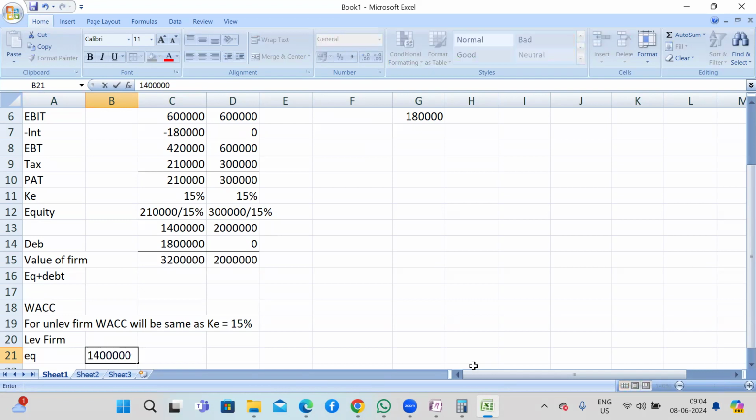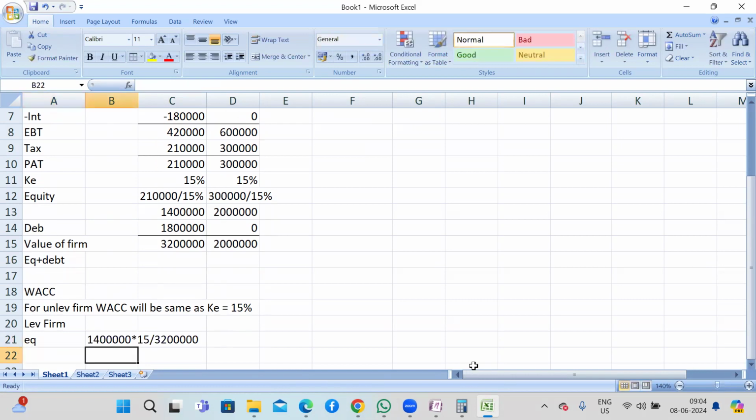So 14 lakhs is my equity. So 15 divided by total, that is 32 lakhs. My total value of firm is 32 lakhs. So I will be getting 6.5625% for debt. So you usually remember for that we always go on after tax.